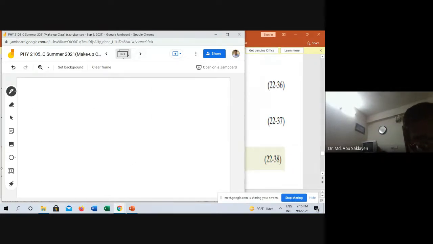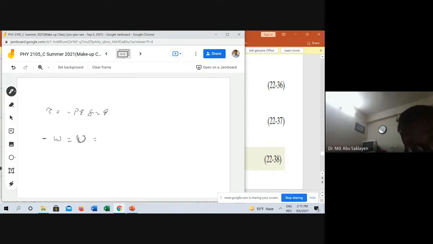Tau equal to minus pE sin theta, and W equal to U. So when W is positive, U will be negative, and when U is positive, W will be negative. So we consider this will be positive.